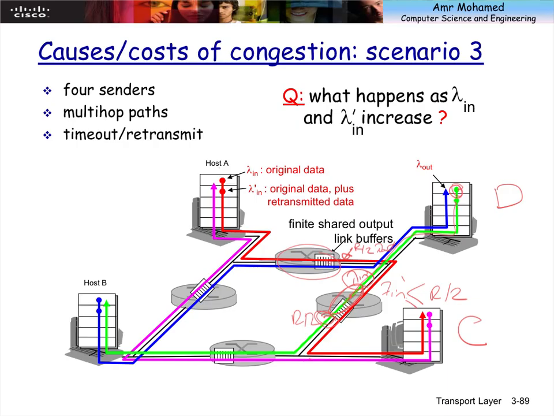But what will happen? This one will dominate and will fill the entire buffer. Right? Eventually. So this one can get approximately to the capacity of the router, which is R in that case. But what about the other one? The other one will not manage to compete.